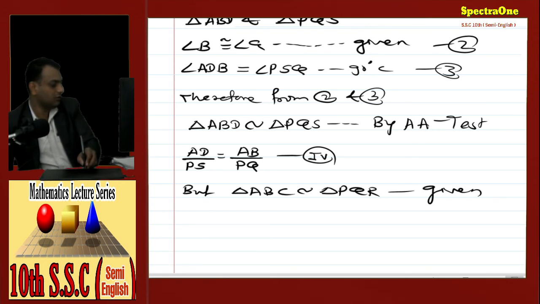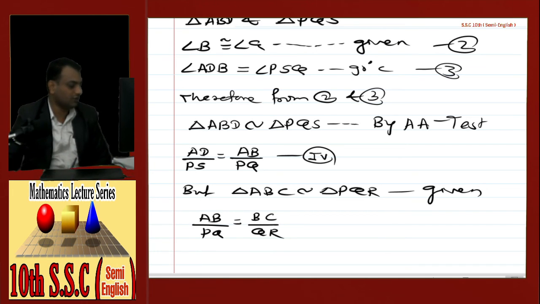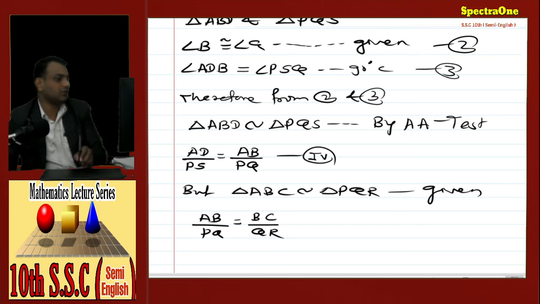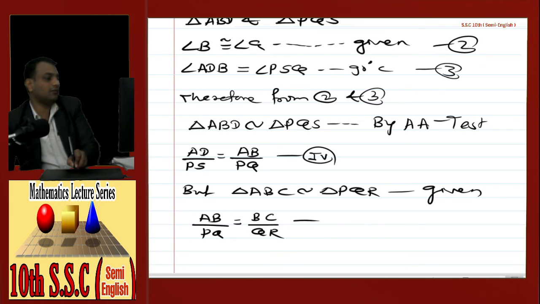Therefore, we can say that AB upon PQ equal to BC upon QR. This is equation number, suppose, 5.